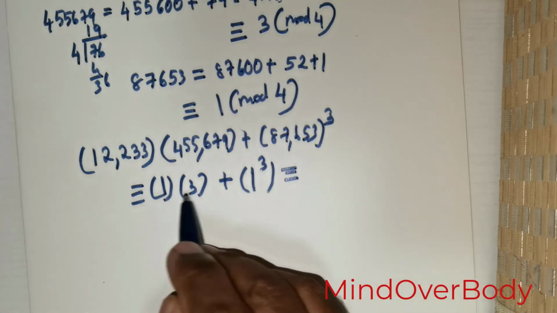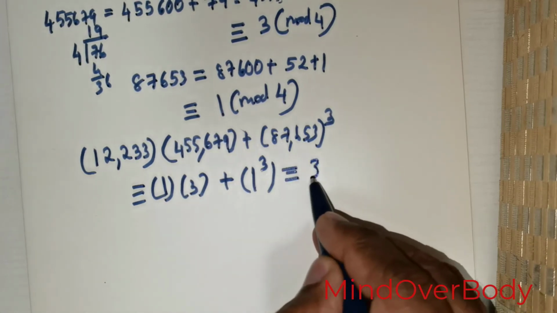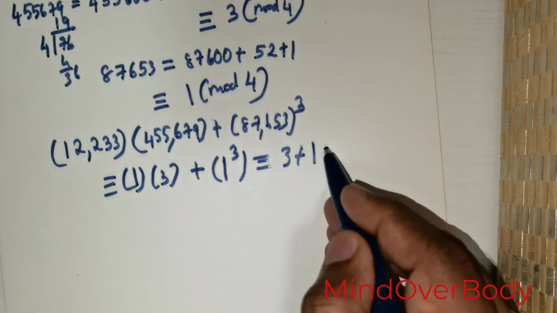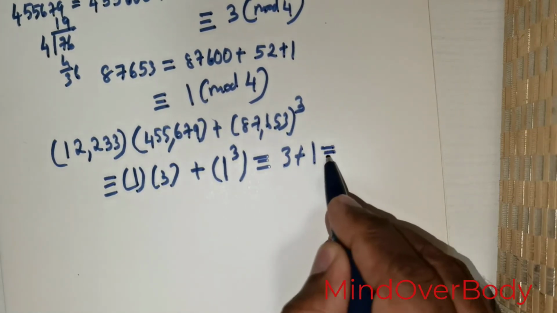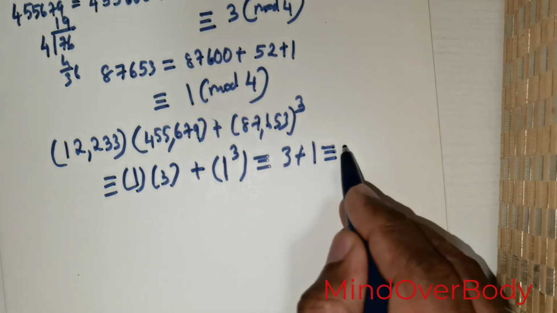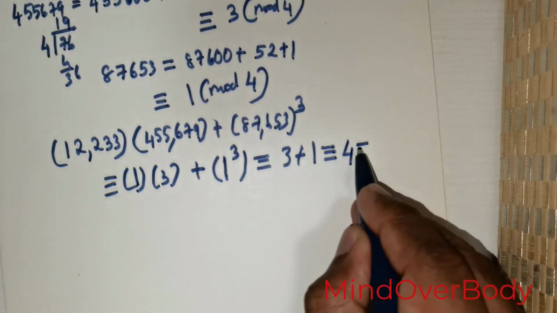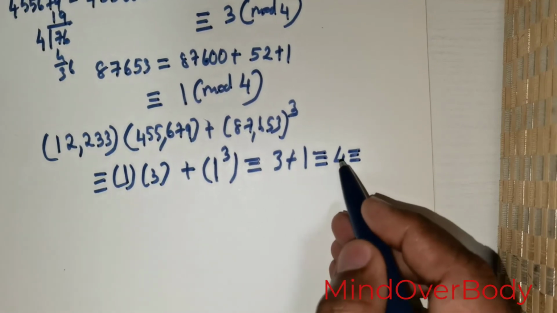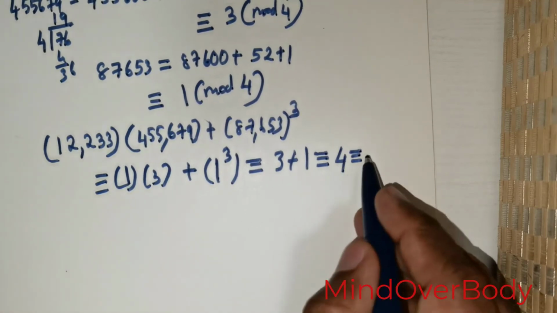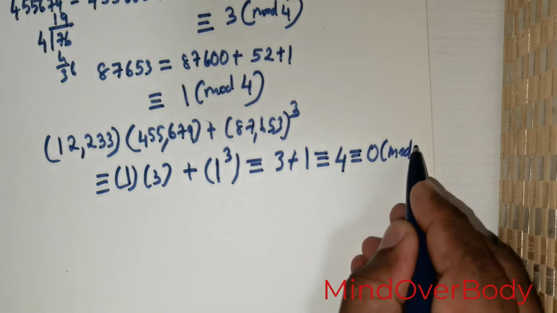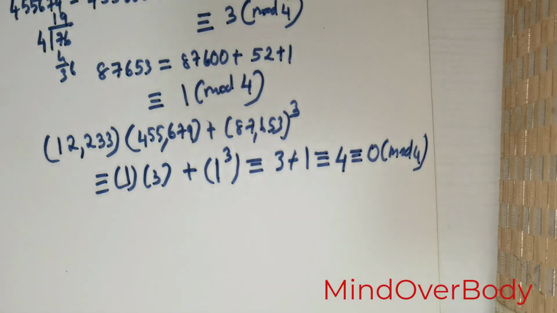let us check it out. 1 multiplied with 3 gives me 3, added with 1 raised to the power 3 gives me 1, and this is congruent to 3 added with 1 gives me 4, and this is going to be congruent to, clearly you can see that 4 is divisible by 4, so that's going to be 0 mod 4. So that's going to be the solution.